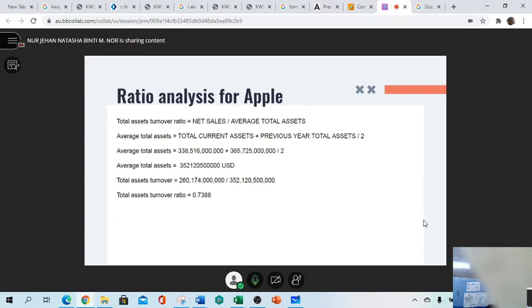So the total asset turnover is 264 million divided by 352,120.5 million. So the total asset turnover ratio is 0.7388. Next slide, please.